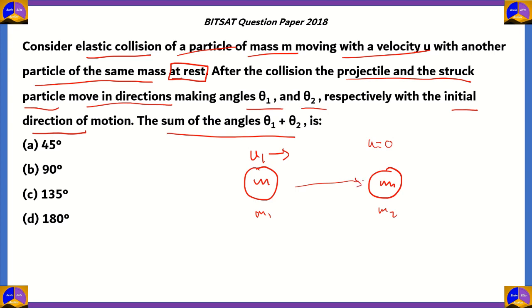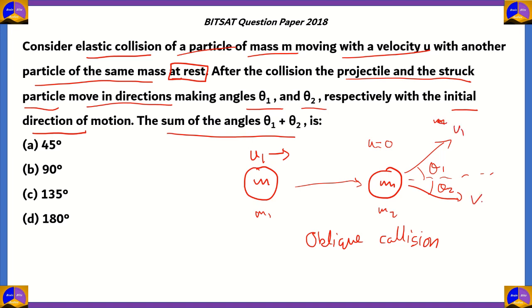So this particle hits the other particle, and then they move off in an oblique collision. So this is an example of oblique collision. In this oblique collision, one of the particles moves at an angle θ1 with the straight line, another particle moves with an angle θ2. Both of them have velocities v1 and v2.